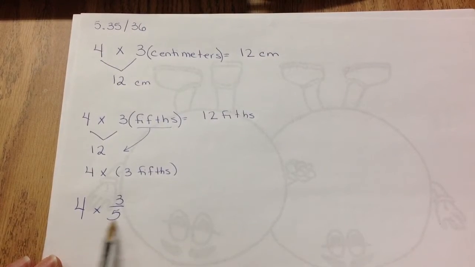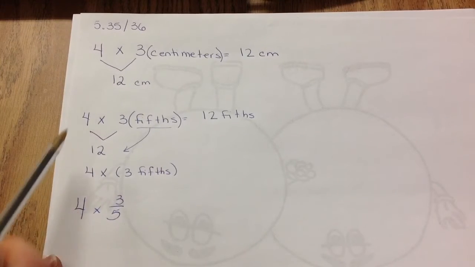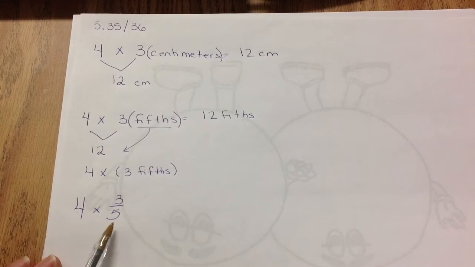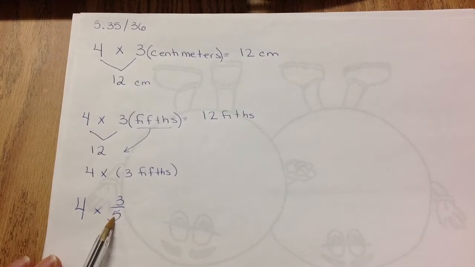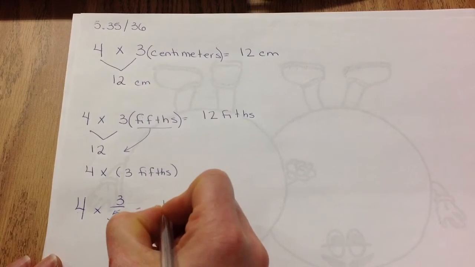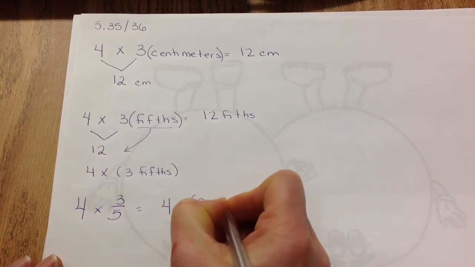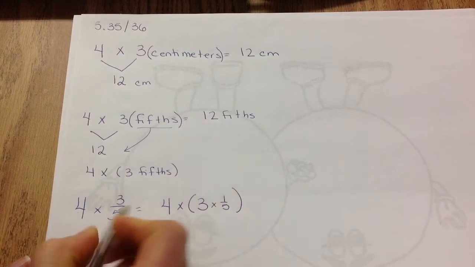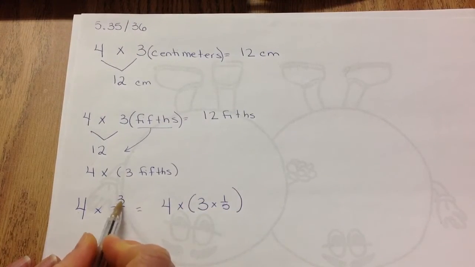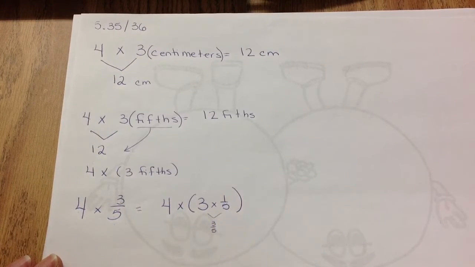I'd like you to go ahead and write this down, and then I want you to notice that it's the same exact thing that we did up here, except I wrote it in fraction form. So we could do it a couple different ways. We can write this out like this: 4 times 3 times 1/5, because I have 3/5, or 3 times 1/5, which also gives me 3/5.